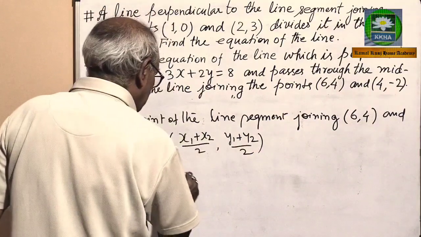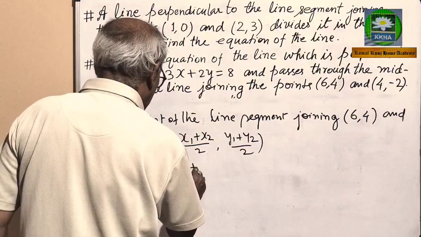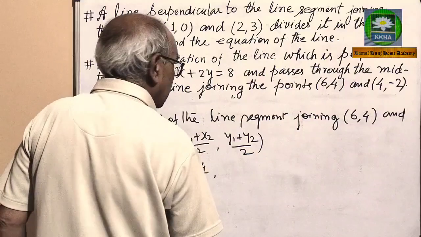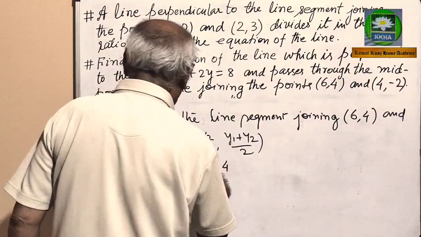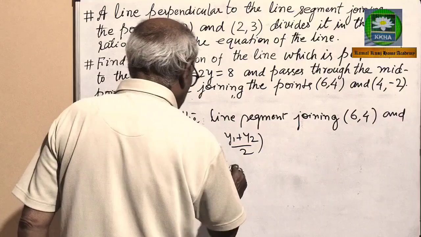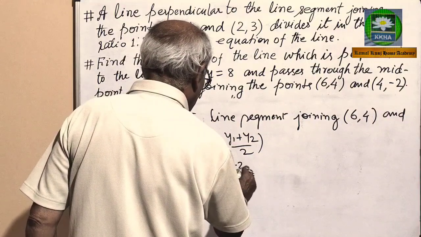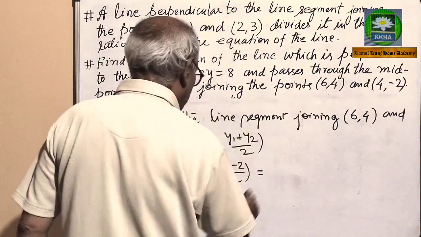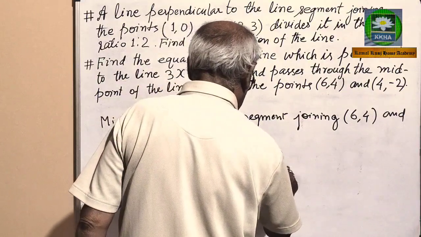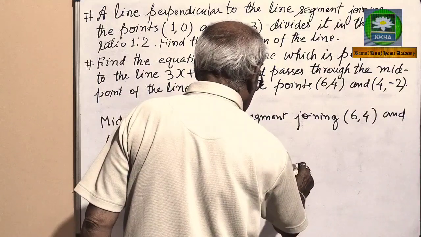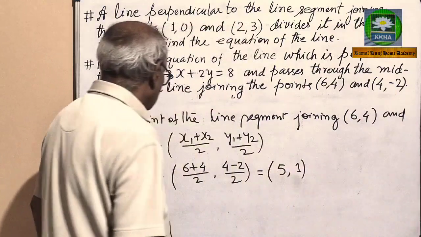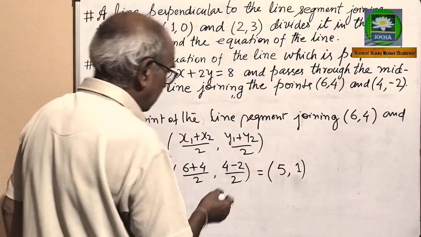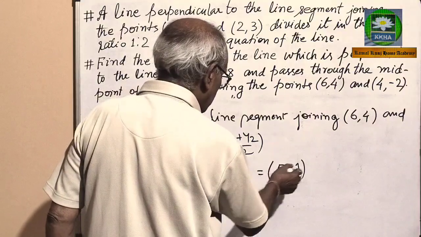Here x1 is 6, so (6 + 4)/2, and y1 is 4, so (4 + (-2))/2 is equal to 5 and 1. So the midpoint of the line segment joining these 2 points will be 5 and 1, whose coordinates are 5 and 1.